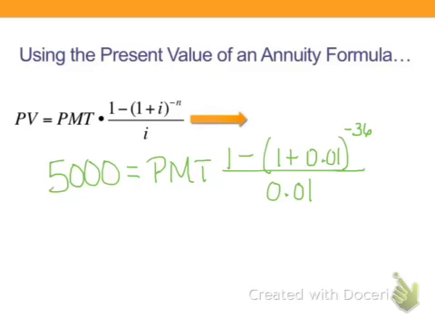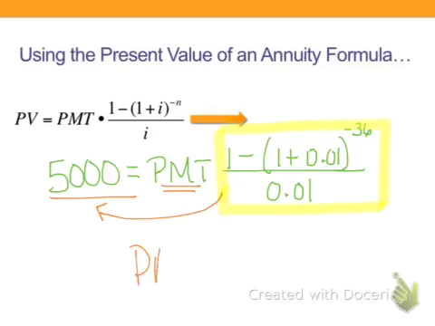When you are solving this, I would recommend that you figure out what this all is equal to first, and then take your 5,000 and divide by whatever that amount is. That should get you the payment isolated and tell you what the payment amount should be. If you do that on a calculator, you can pause the video for a second to work that out if you want.